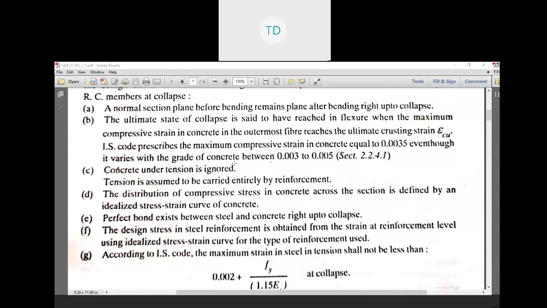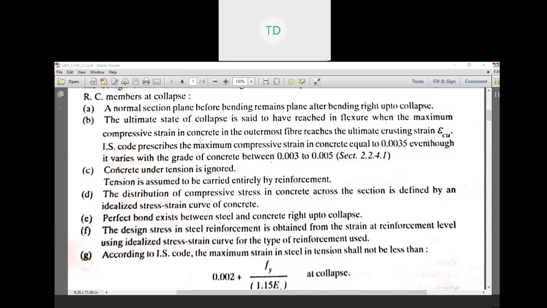Next assumption is concrete under tension is ignored. It is said that concrete is weak in tension and strong in compression. So, while studying reinforced concrete, we have to ignore the strength of concrete under tension, so that it is one of the assumptions.